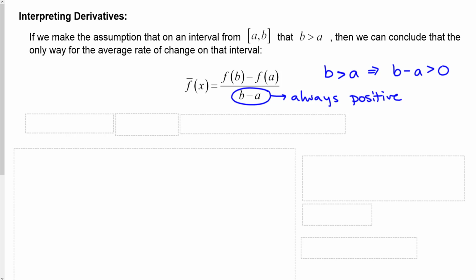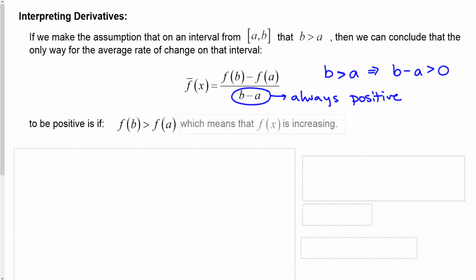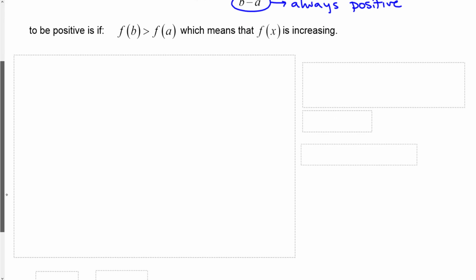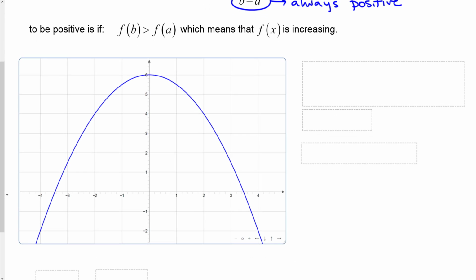Okay? And because it's always positive, whether or not this average becomes positive or negative itself is solely dependent upon the numerator. So the only way this could be positive is if f of b is greater than f of a. And that would mean that f of x is on an increasing interval. So let me show you a graph.